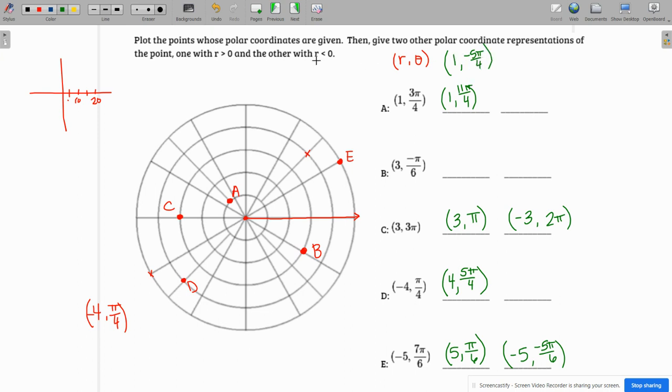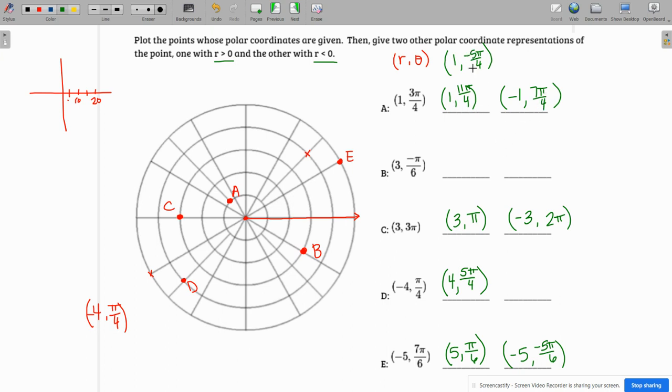But if we need a negative r value, we could use -1, and that would mean that we're talking about this angle over here, which we know if we're looking at positive angles, positive theta, that could be 7 pi over 4. So -1, 7 pi over 4.